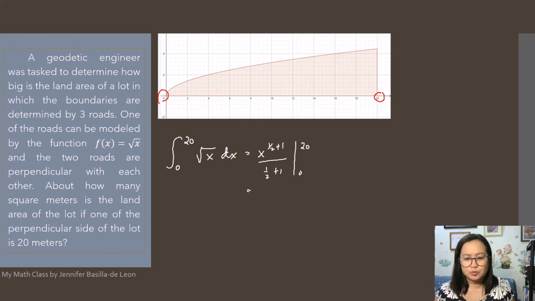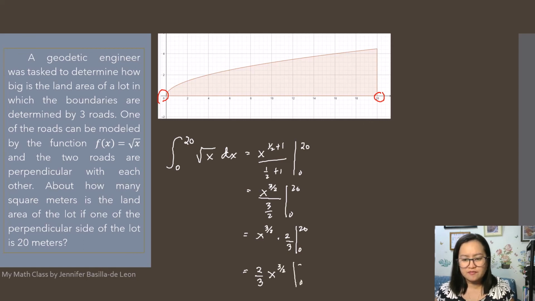Now, we will have x raised to 3/2 over 3/2 evaluated from 0 to 20. Simplifying further, we will have x raised to 3/2 times 2 over 3 evaluated from 0 to 20. So the function would be 2/3 x raised to 3/2.